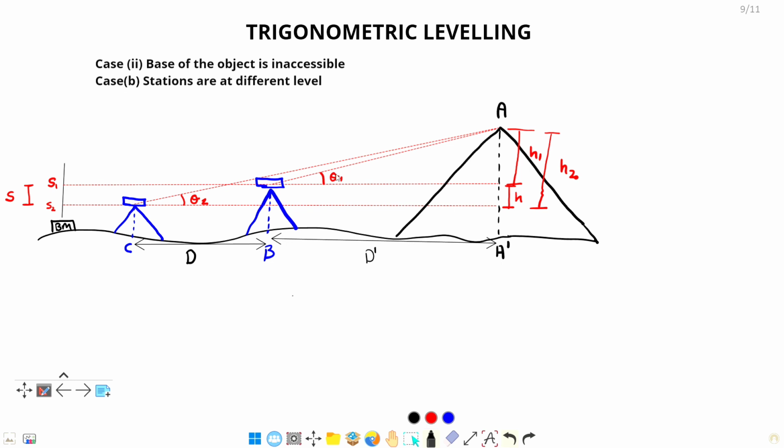What we can calculate is theta 1, theta 2, S1, S2 by taking backside at the benchmark, S1, S2.